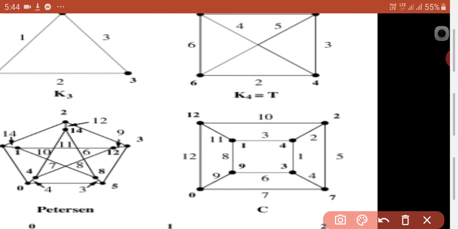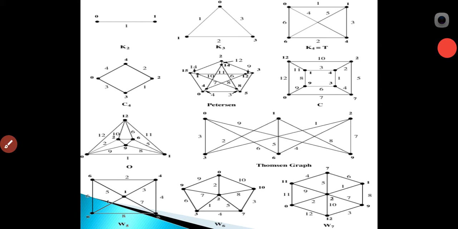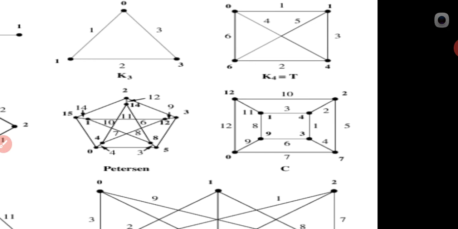Now all of you see, in K4, the vertex set is 0, 1, 4, 6. For the edges, we take the absolute difference of the end points. So 0 minus 1 is minus 1.